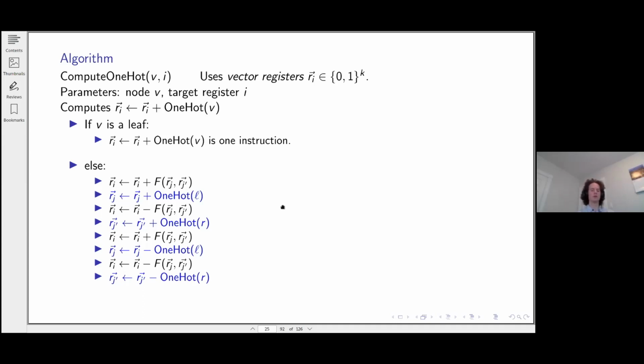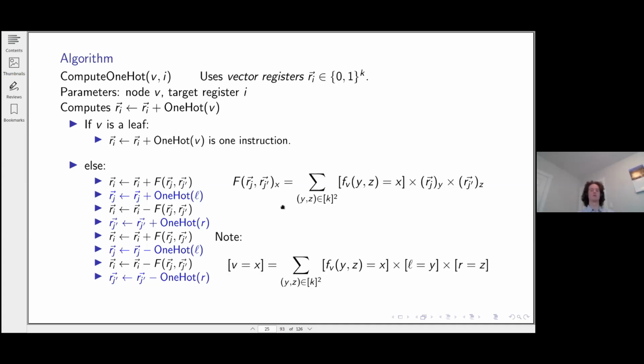In the original multiplication algorithm, we interleave this with steps that add and subtract rj times rj prime. In this case, instead, we're going to add and subtract some function f of the two vector registers. And the trick is just in getting the right function f. It turns out that the right thing to do, if you want to design this function, is this. We'll start with the original formula for the root value, which I put at the bottom of the slide there.